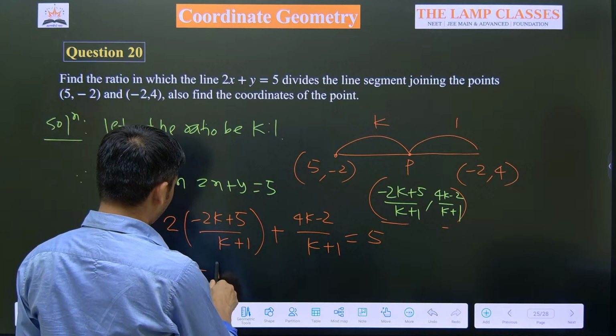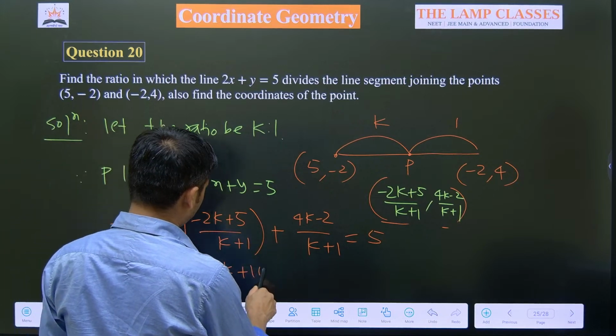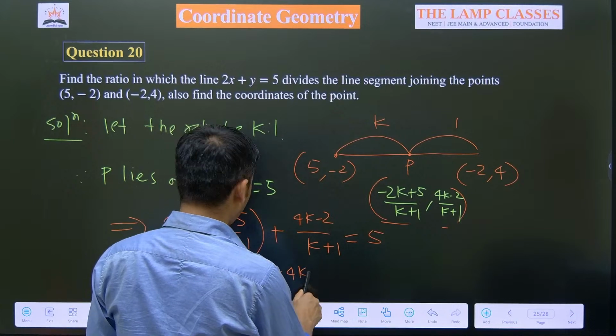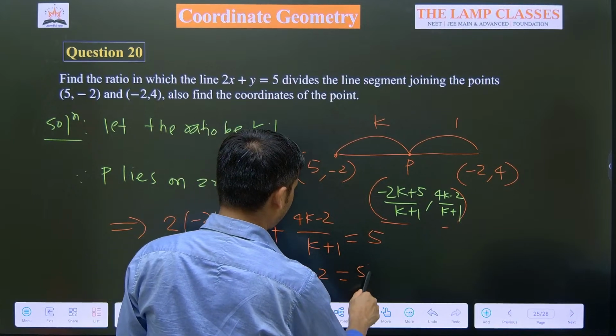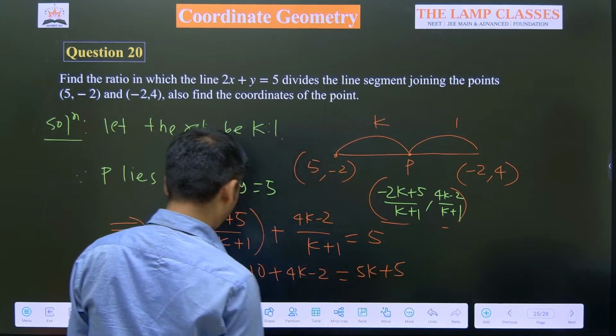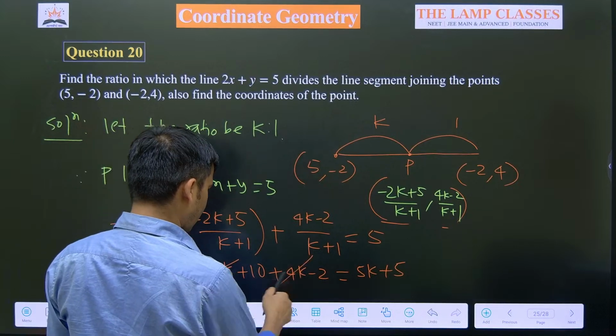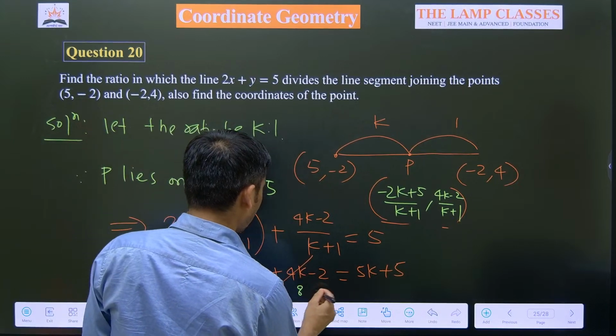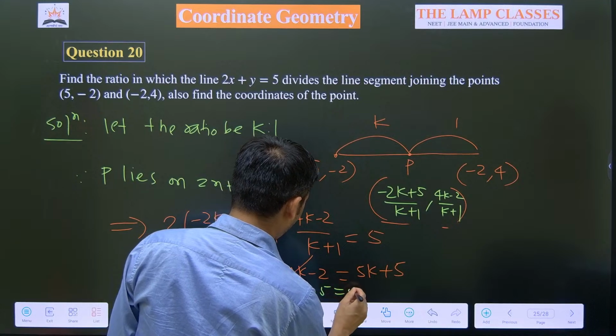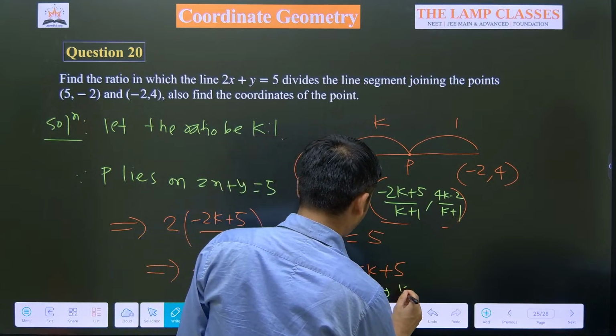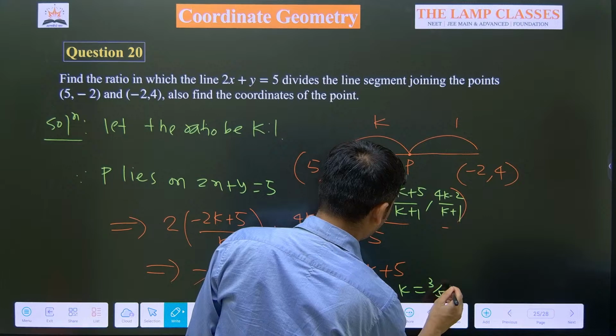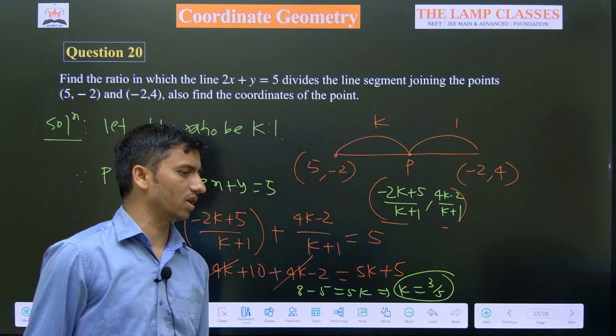So we have got minus 4k plus 10 plus 4k minus 2 is equal to 5k plus 5. They are getting cancelled, right? And 10 minus 2 is 8. 8 minus 5 is equal to 5k. So k is basically 3 upon 5. So the required ratio is 3:5.